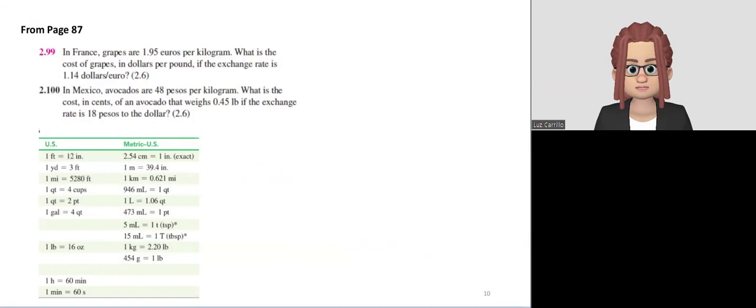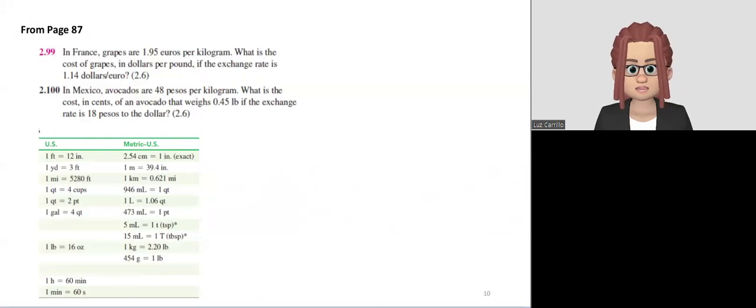Let's go over together problem 2.99, which states, in France, grapes are 1.95 euros per kilogram. What is the cost of grapes in dollars per pound if the exchange rate is $1.14 per euro? Let's actually write down all the information that is given.